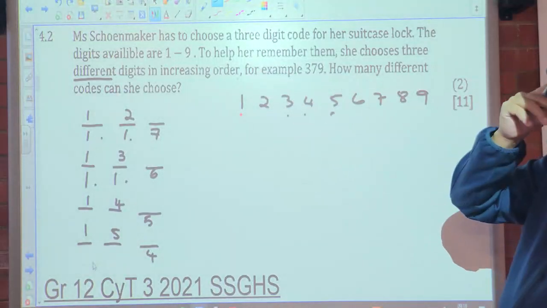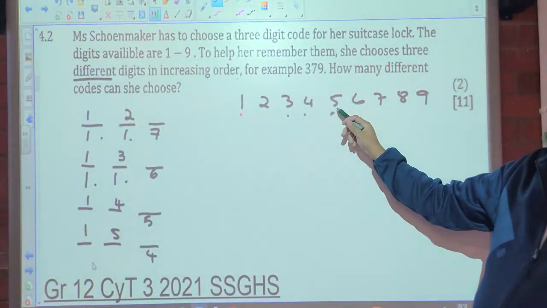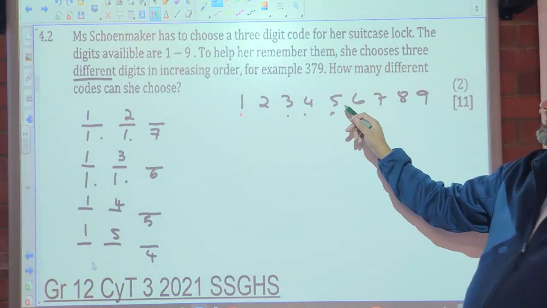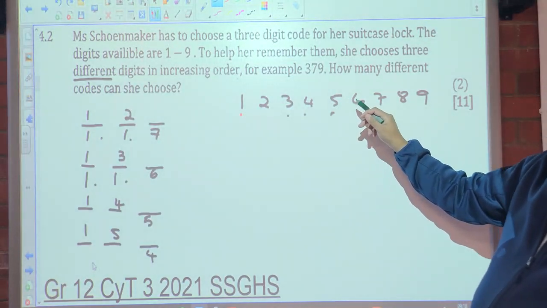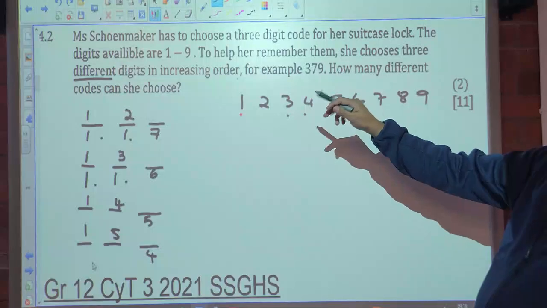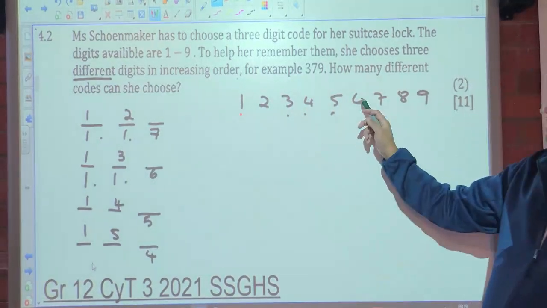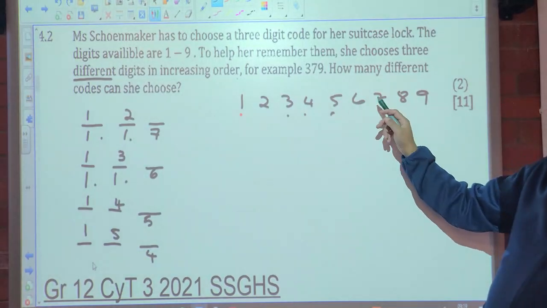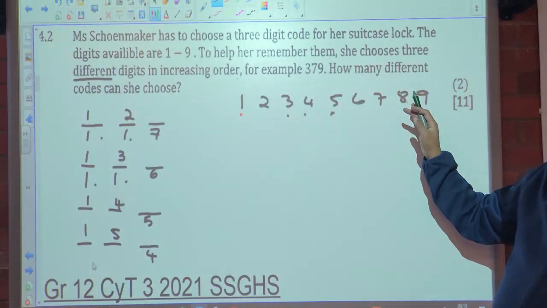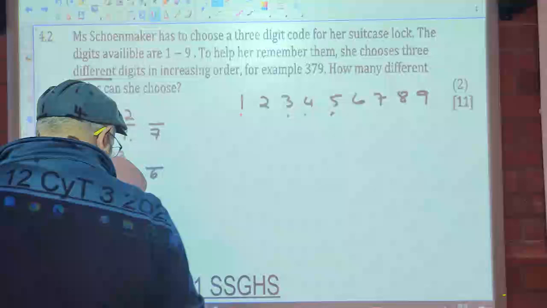It has to be from smallest to biggest. Did they say ascending or descending? Increasing, so it's ascending. So how many options do I have here? It's 1, 5, 6; 1, 5, 7; 1, 5, 8; 1, 5, 9, which gives me 4.